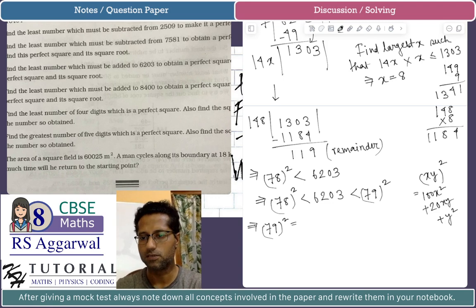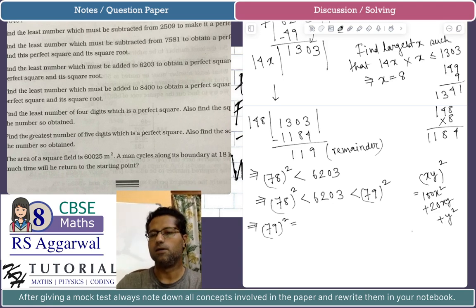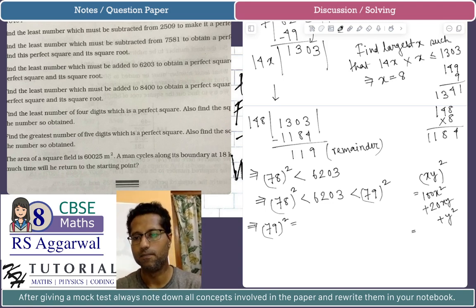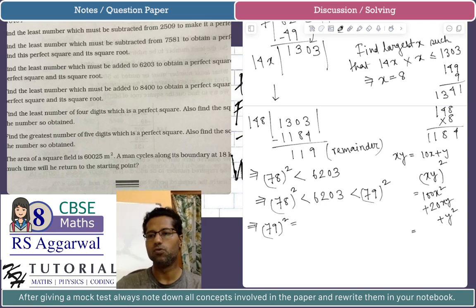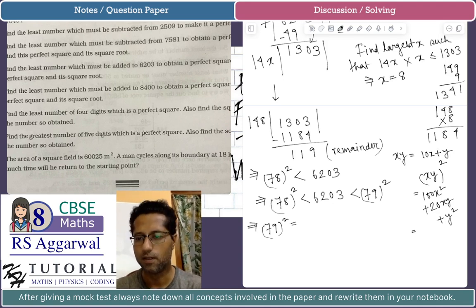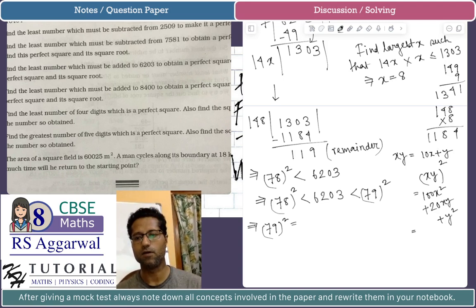This is a shortcut formula using the (a plus b) whole square formula, because the number xy is nothing but 10x plus y, and if you square 10x plus y, the result is 100x squared plus 20xy plus y squared. We are trying to find the square of 79.